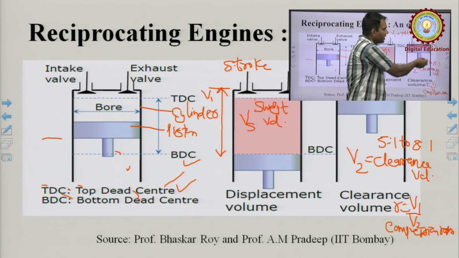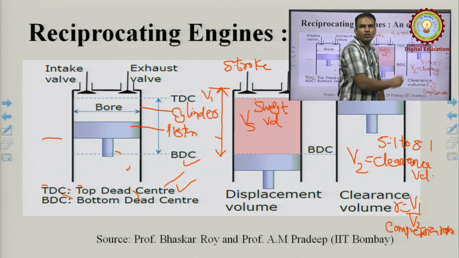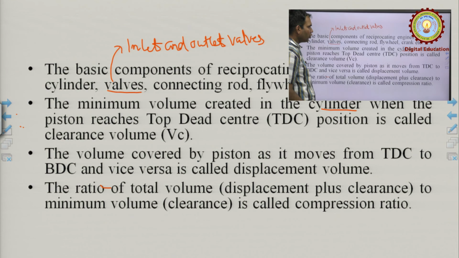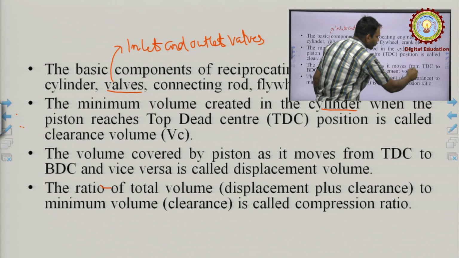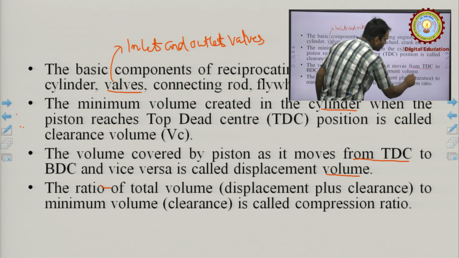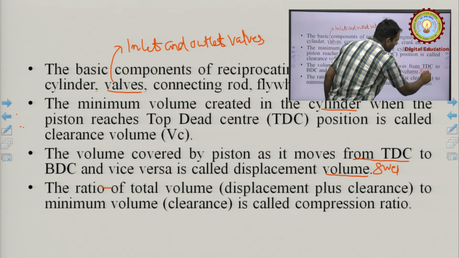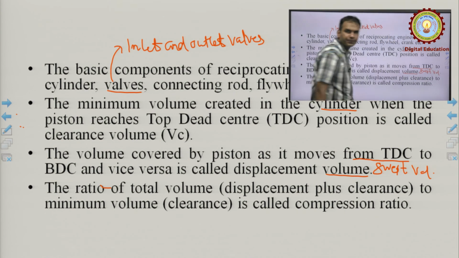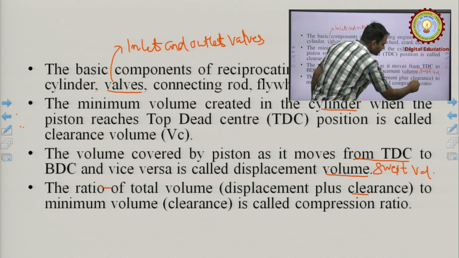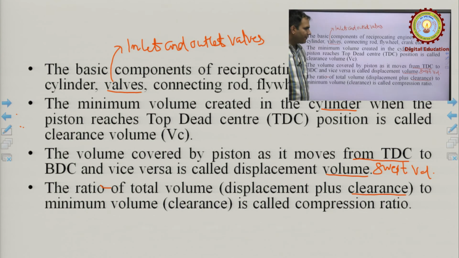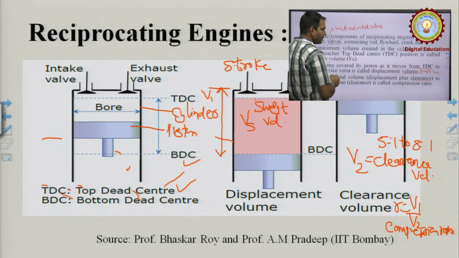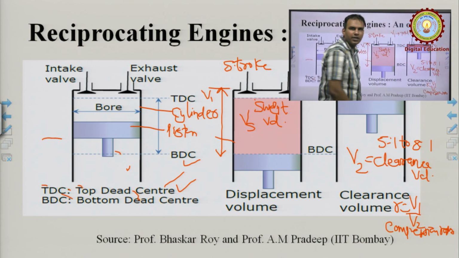The volume covered by the piston as it moves from TDC to BDC or from BDC to TDC is called displacement volume or swept volume. The ratio of total volume, that is displacement plus clearance, to the minimum volume is called compression ratio R, that we have discussed in the previous slide. This R, V1 by V2, is the compression ratio.